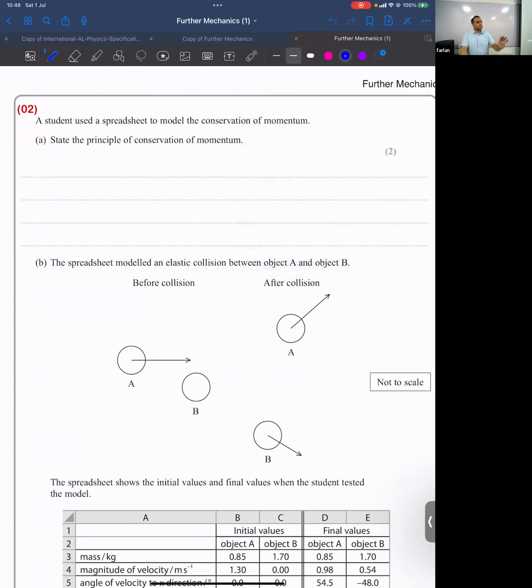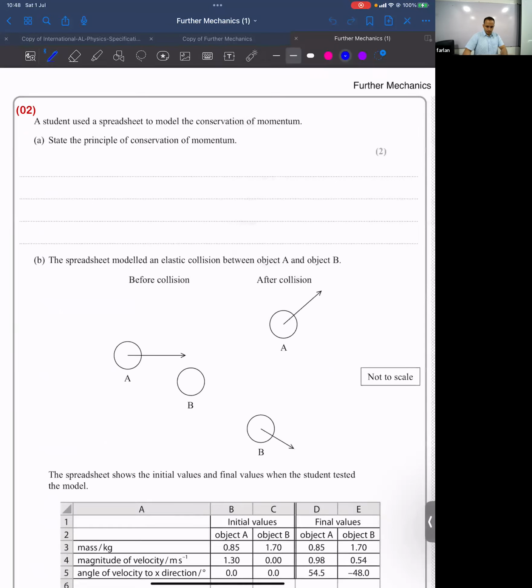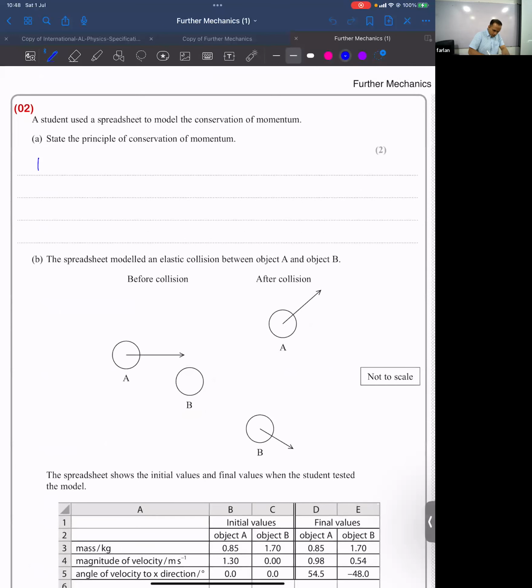In a closed system, the total momentum is conserved, or the total momentum is constant.